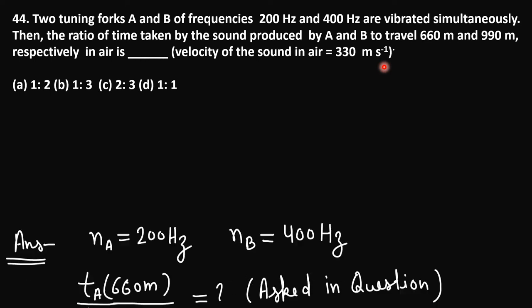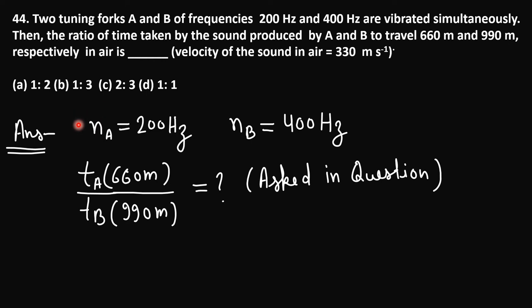doing the numerical. So what is given in the question? The frequency of the first tuning fork is 200 Hz and the frequency of the second fork is 400 Hz, and you know that frequency is the number of waves generated in 1 second.